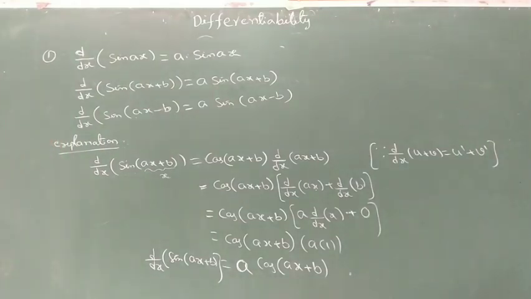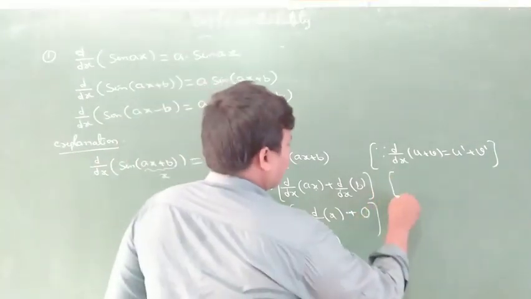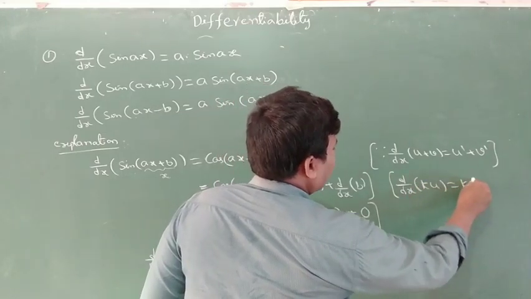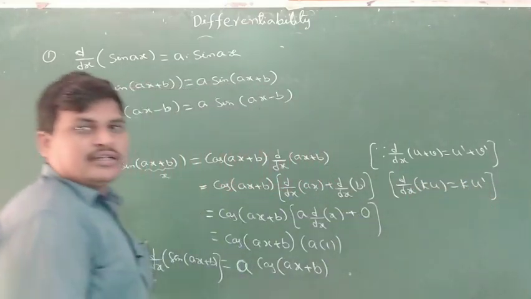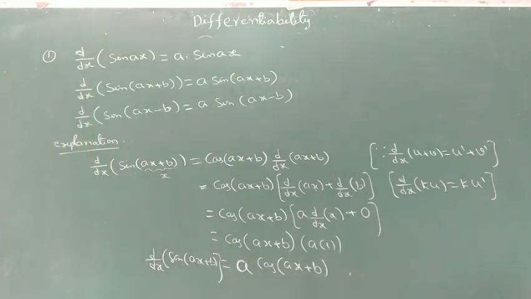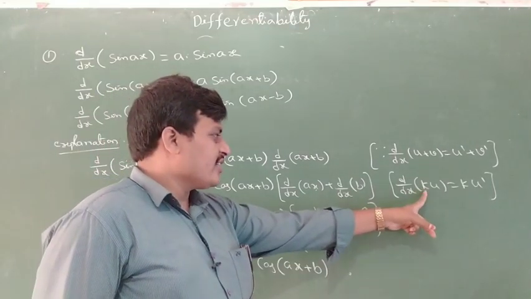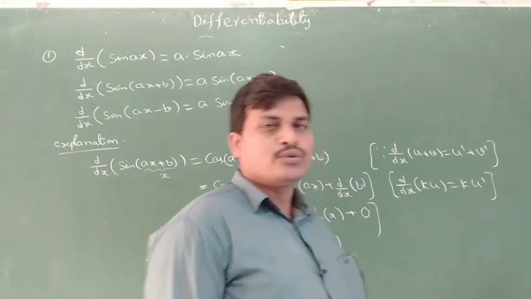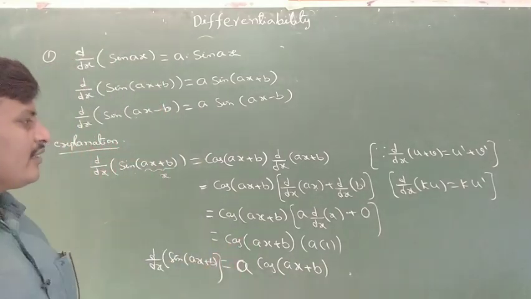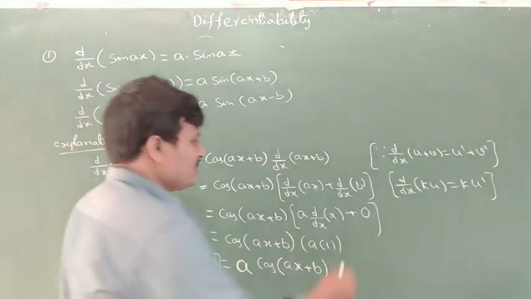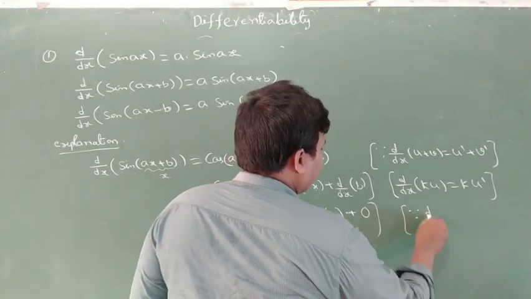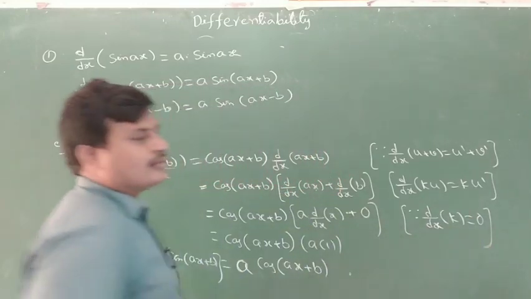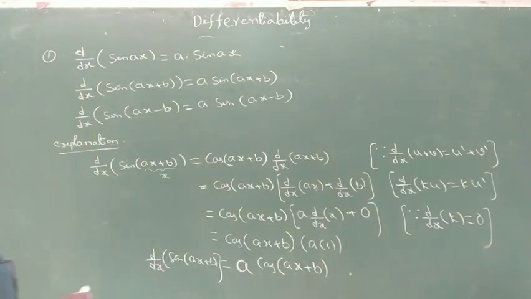Next, derivative of k into u is equal to k into u dash. The constant is the same constant, and then that function's derivative. Derivative of a constant is equal to 0.